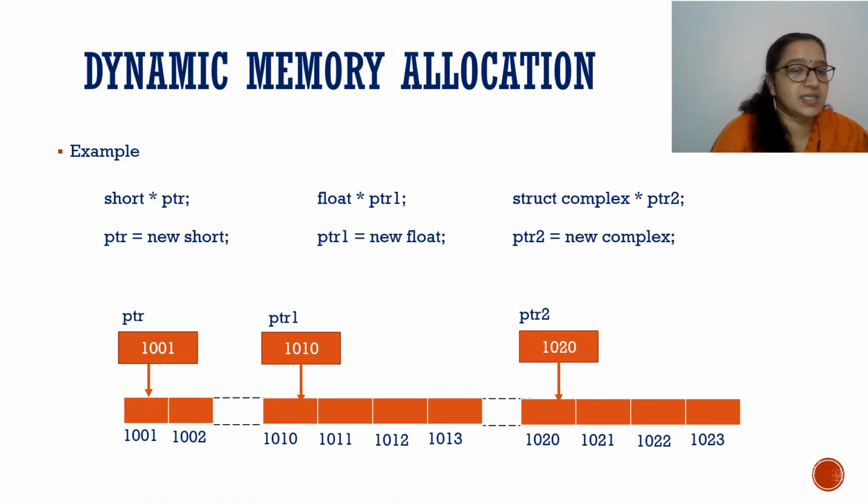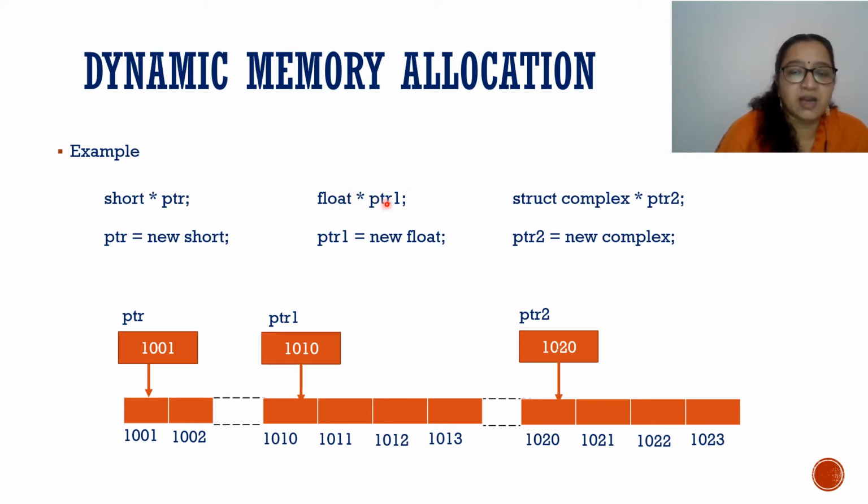Now we can check some examples here. See, short asterisk PTR. This means PTR is a pointer variable and its data type is short. So the pointer can point only to the short data type. Then float star PTR1. PTR1 is the pointer here and its data type is float.